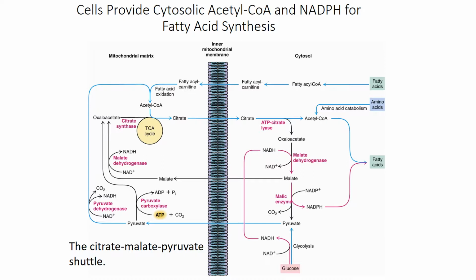So this is just another slide or figure that shows how these processes are linked to one another, because here we're seeing the citric acid cycle, and over on this side of the slide we're going to have the activation of fatty acid catabolism and also fatty acid synthesis. So these processes both begin in the cytosol.